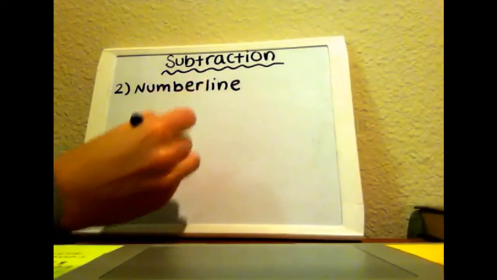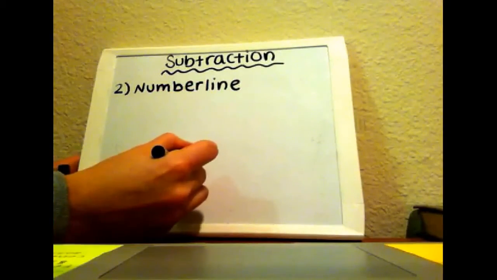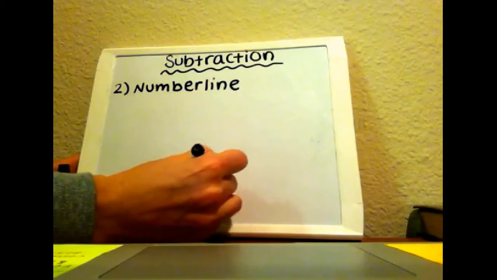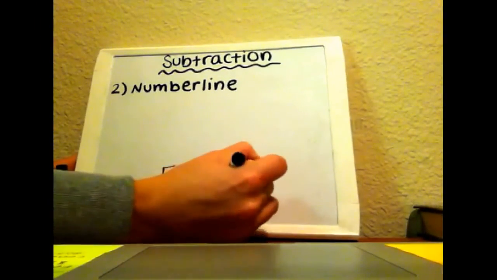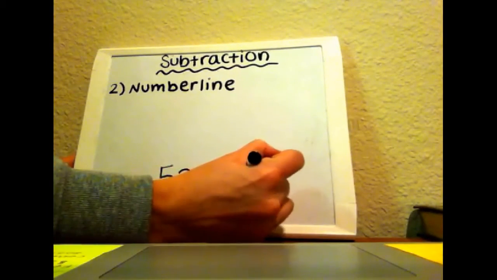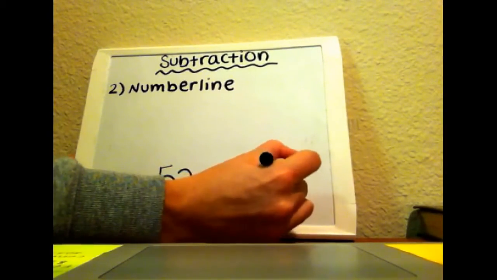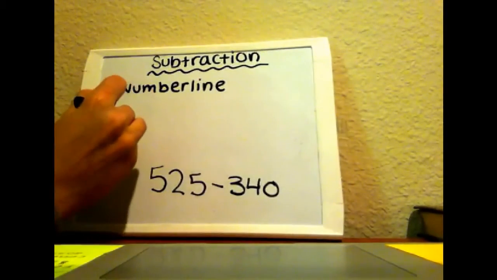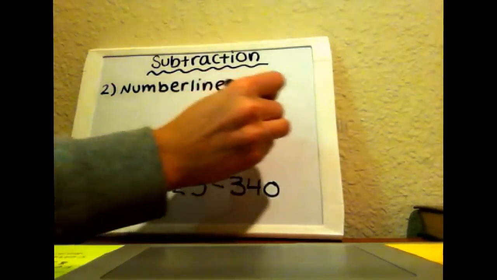So for this problem, we're going to do 525 minus 340. So we'll start off again with our number line.